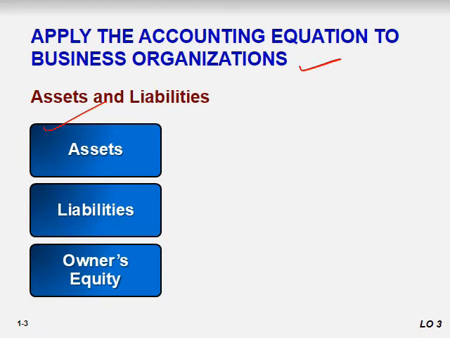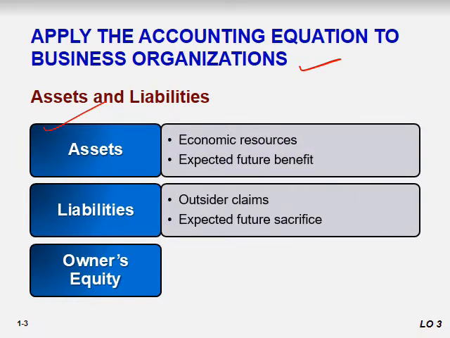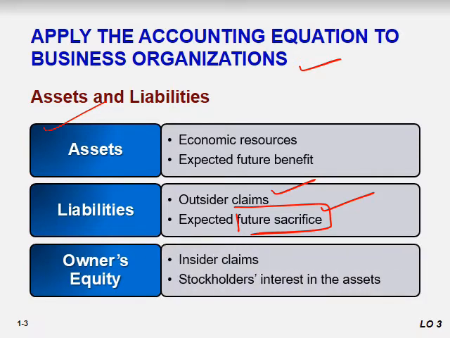Assets are economic resources that are expected to produce benefit in the future, while the liability presents the outsider claims and shows the expected future sacrifice, which means how much we have to pay in future to them. The last one is the owner's equity, which means insider's claim or stockholders' interest in the assets.